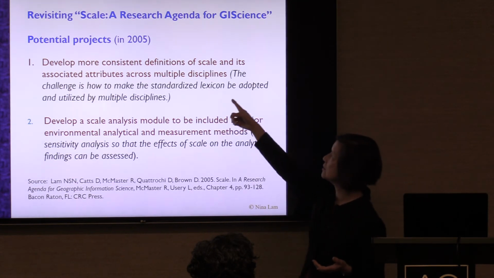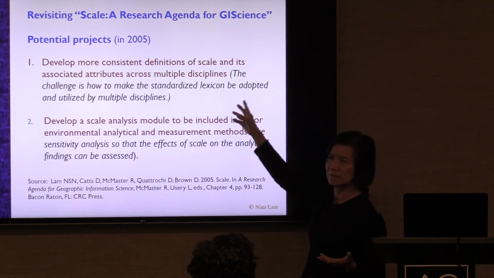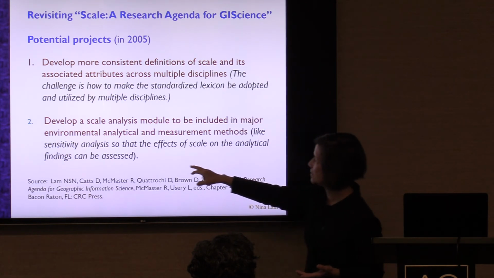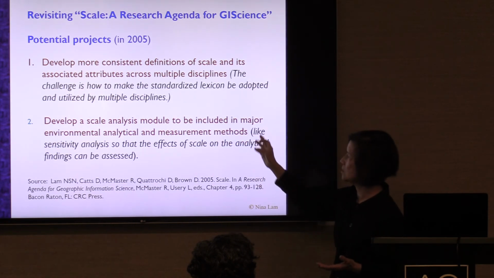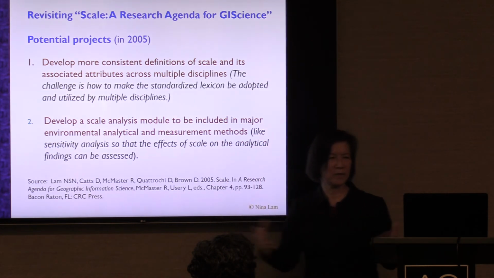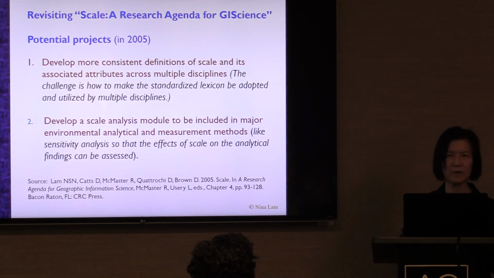Develop more consistent definitions of scale and its associated attributes across multiple disciplines. And then the second one, maybe develop a scale analysis module to be included in major environmental or analytical measurement methods. There are 10 of them, so I'm going to go through them very quickly.